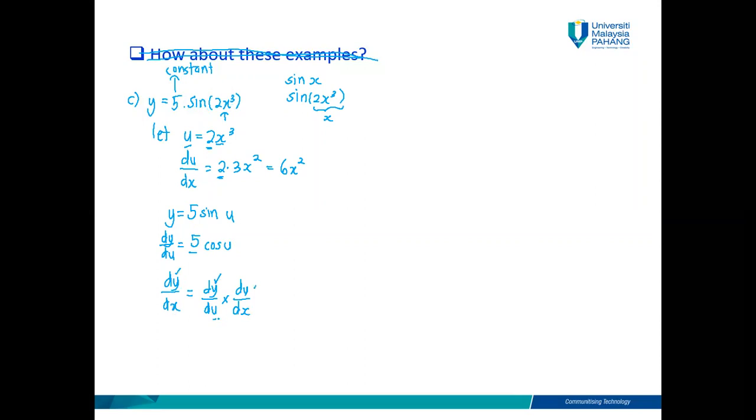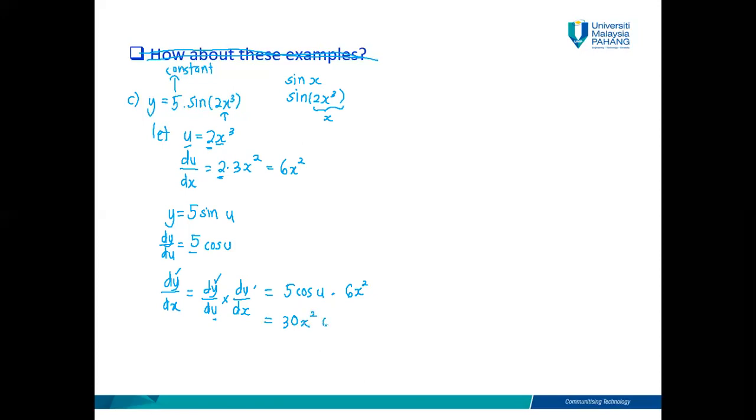So you cancel off this one, you dapat dy over dx lah. Okay, dy over du adalah 5 cos u darab dengan du over dx, 6x square.